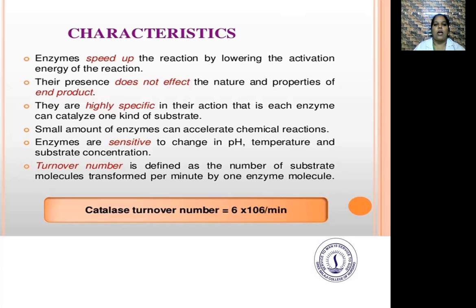Enzymes are sensitive to change in pH, temperature, and substrate concentration. The turnover number is defined as the number of substrate molecules transformed per minute by one enzyme molecule. The catalase turnover number is 6 x 10^6 per minute.